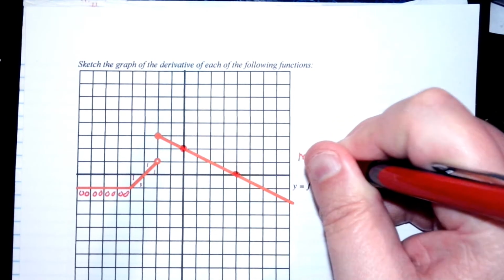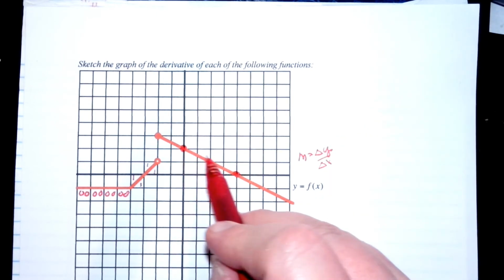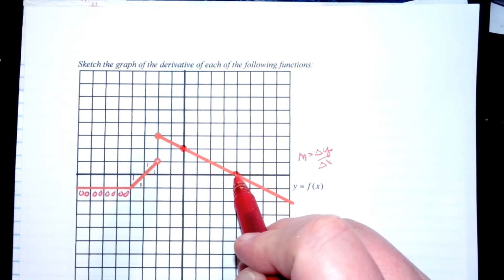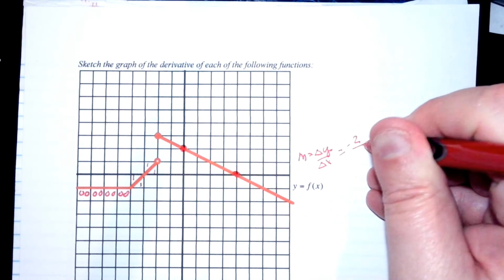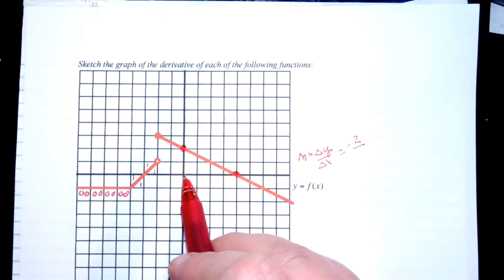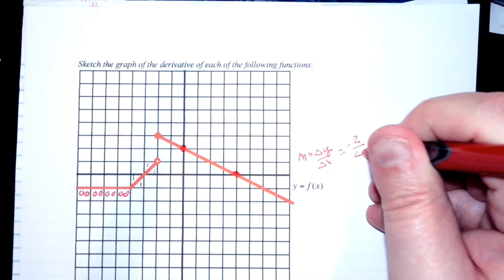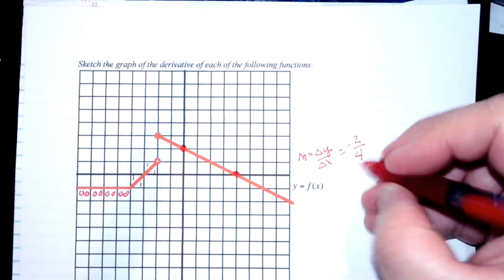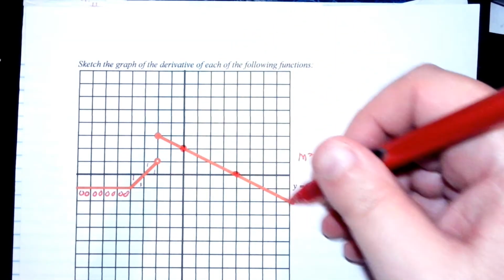So the slope, again, is delta y over delta x. And as we go from this point to this point, the y changes by decreasing by 2, and the x-coordinate changes by increasing by 4. So the slope appears to be -2/4, which is -1/2. And it's going to be -1/2 all the way through there.